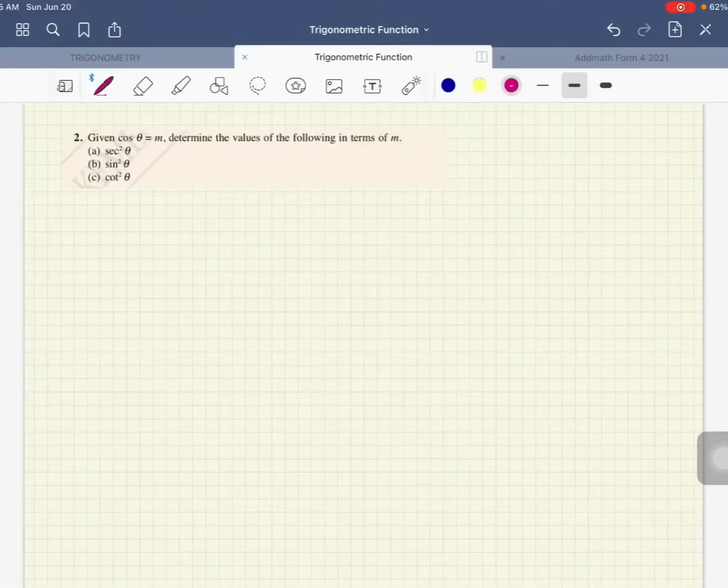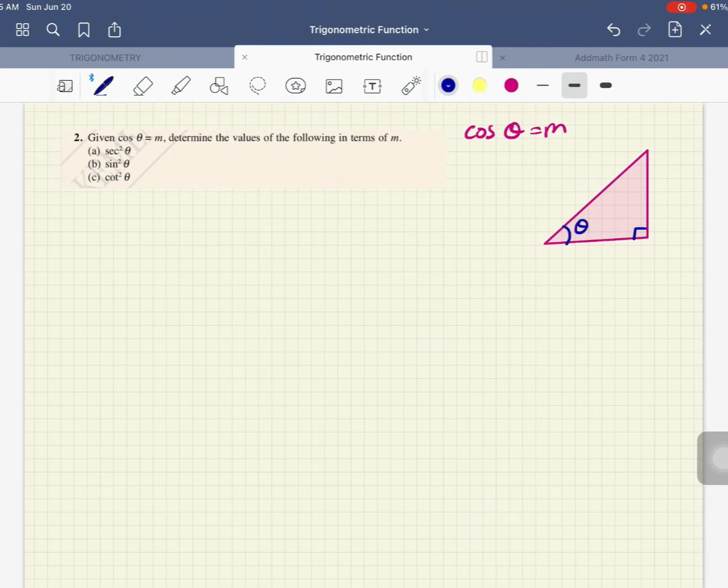Okay, so the second question. Given cos theta equals m, determine the values of the following in terms of m. Because the question gives us cos theta equals m, we have to use a right angle triangle. So you have to draw your own right angle triangle, because as I mentioned earlier, to solve trigonometry you must have the right angle triangle.